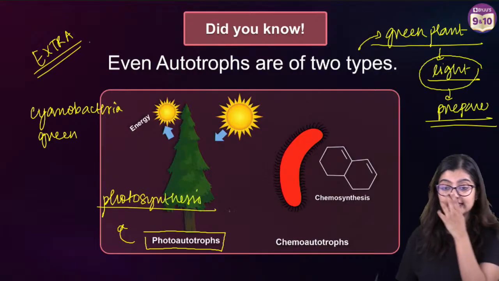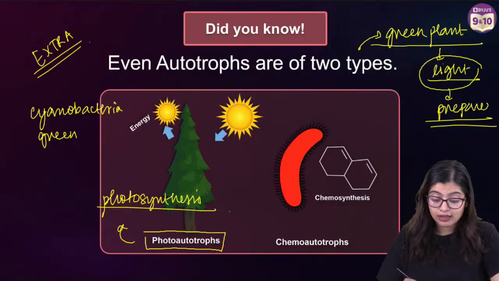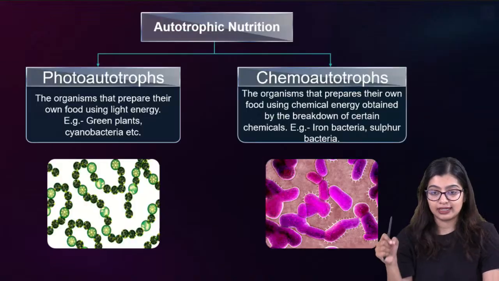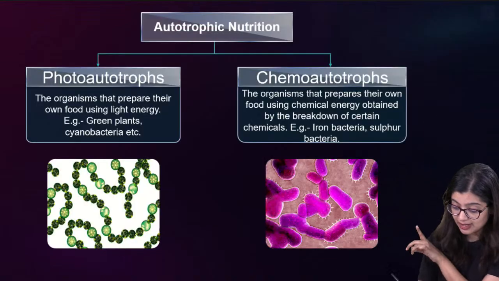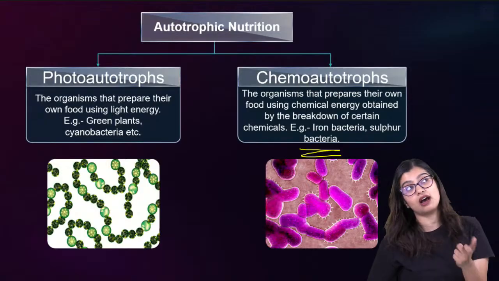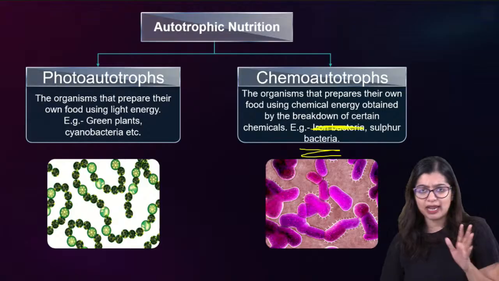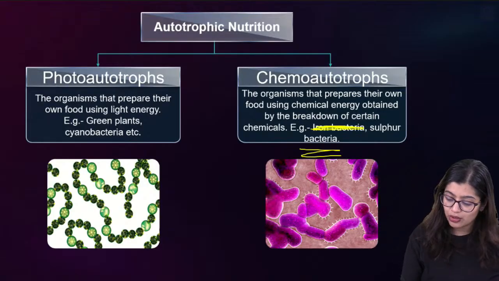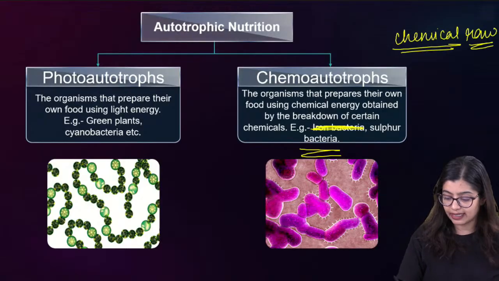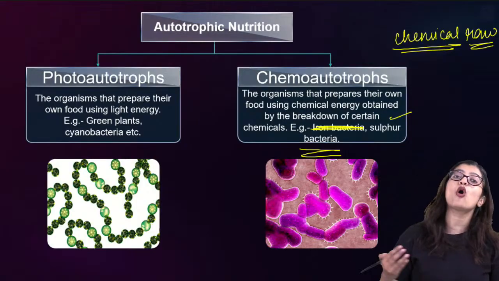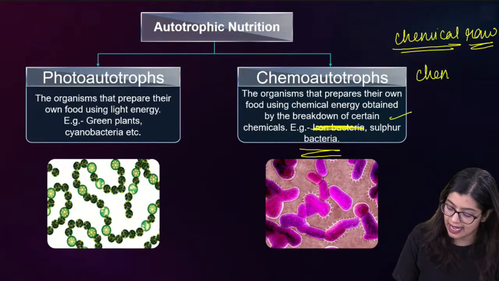But does this mean that food is always prepared with carbon dioxide and water? That is not the case, right? We see that certain sulfur bacteria, certain other kinds of bacteria, not iron bacteria, but sulfur bacteria, use chemical raw materials, right? So they use chemical raw materials and they synthesize their own food. And we call them chemoautotrophs, and this process chemosynthesis, right?